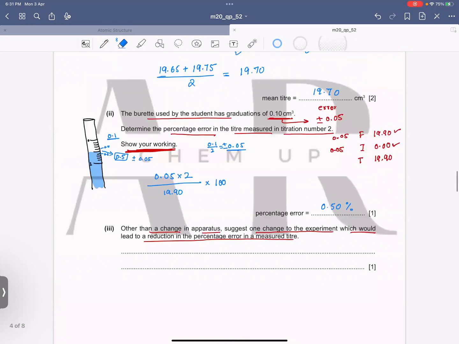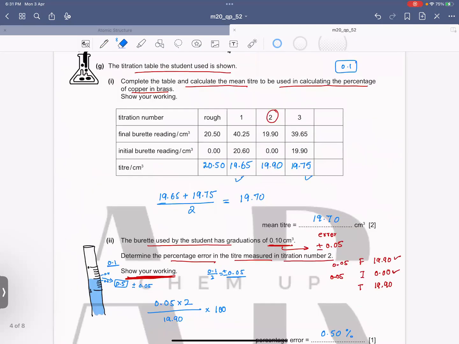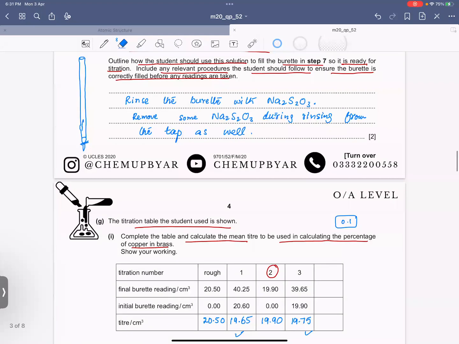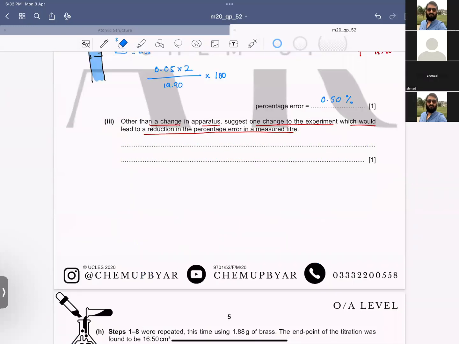And this volume of sodium thiosulfate is actually reacting with the mass of the brass that was dissolved initially, right? That we did over here in step 1. So if I increase the mass of the brass that I used, then we need a larger volume of this titer, and hence when there is a larger volume of our titer, the percentage error would be reduced.